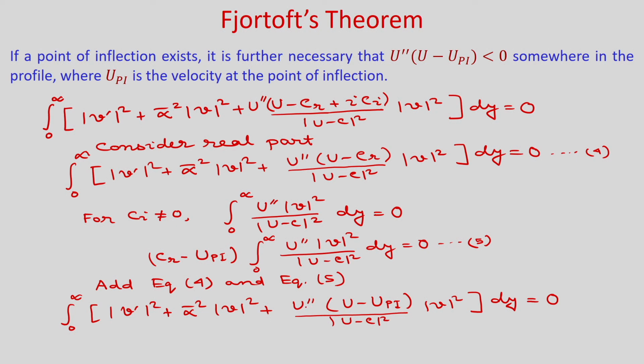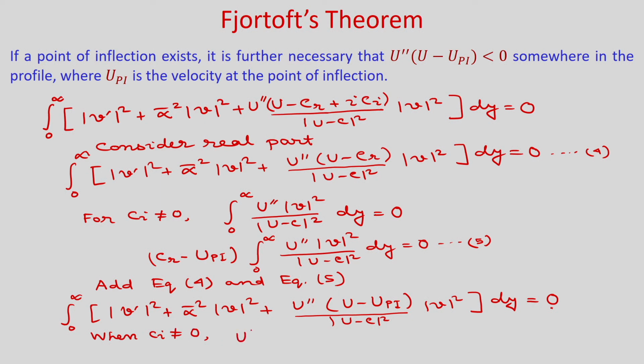And this integral, then you can see that here this u double prime into u minus UPI should be less than 0 somewhere in the domain to make this integral 0, okay, because these are positive. So, this has to be negative somewhere to make this integral 0. So, for that you can see that when C I not equal to 0, obviously we have assumed that C I greater than 0.